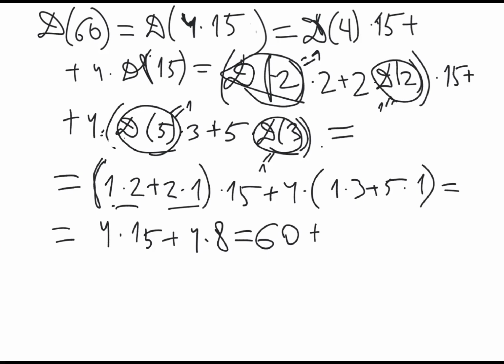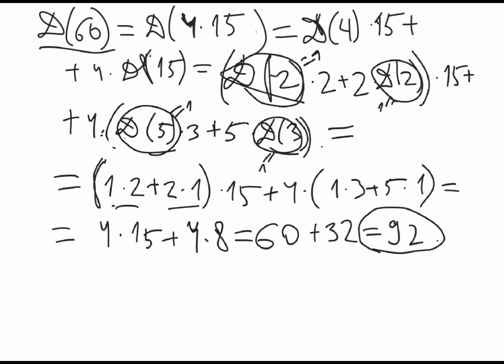Plus 4 multiplied by 8, so this is 32, right? 32, and in total we have basically 92. So this is the answer. So d of 60, so the arithmetic derivative of 60 is 92. So this is like really a function from natural numbers to natural numbers.